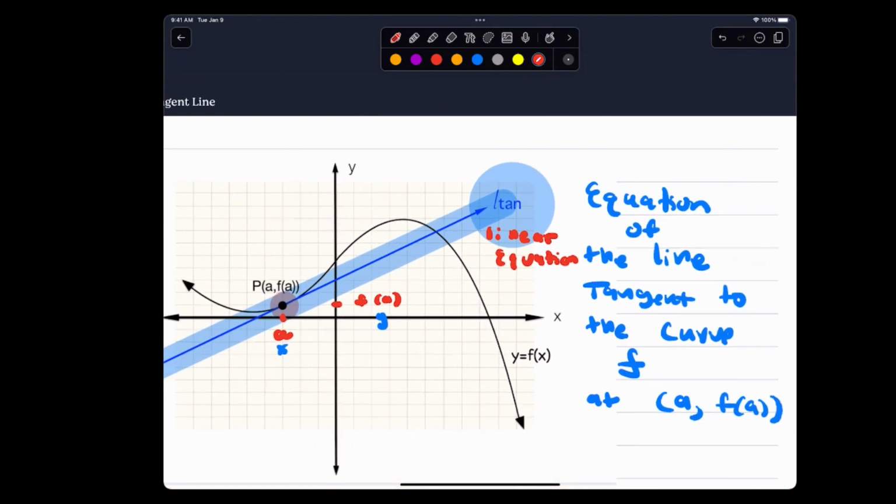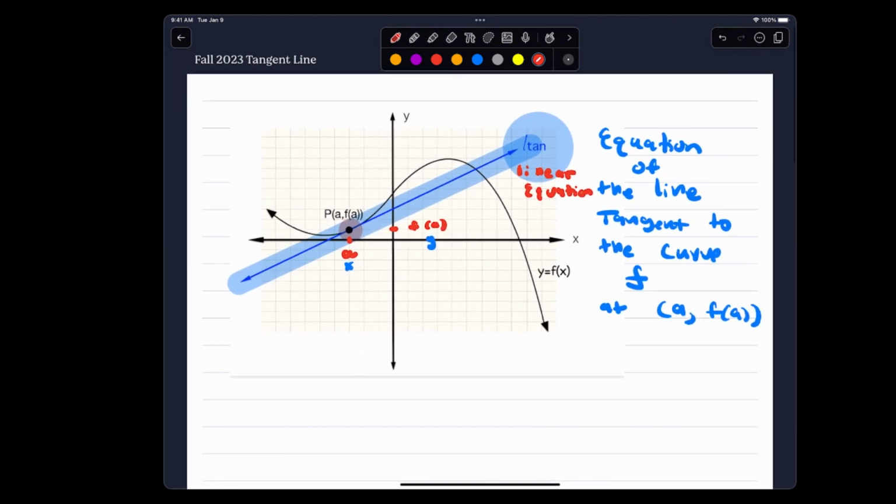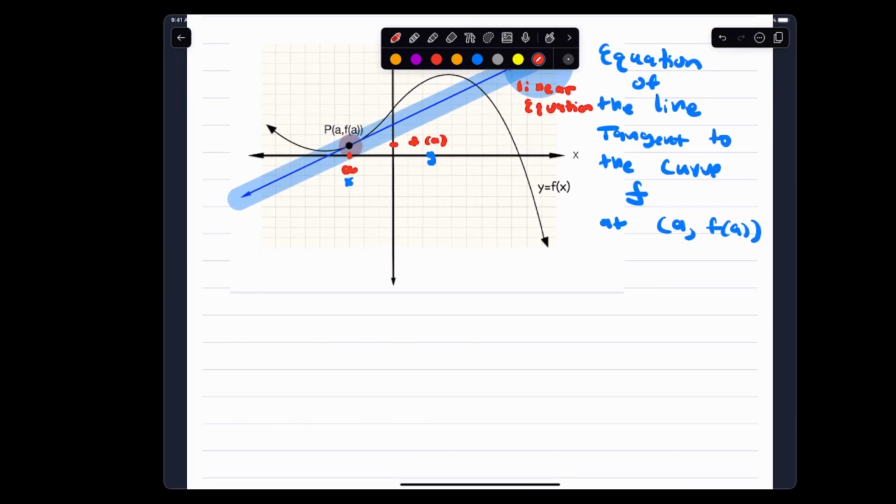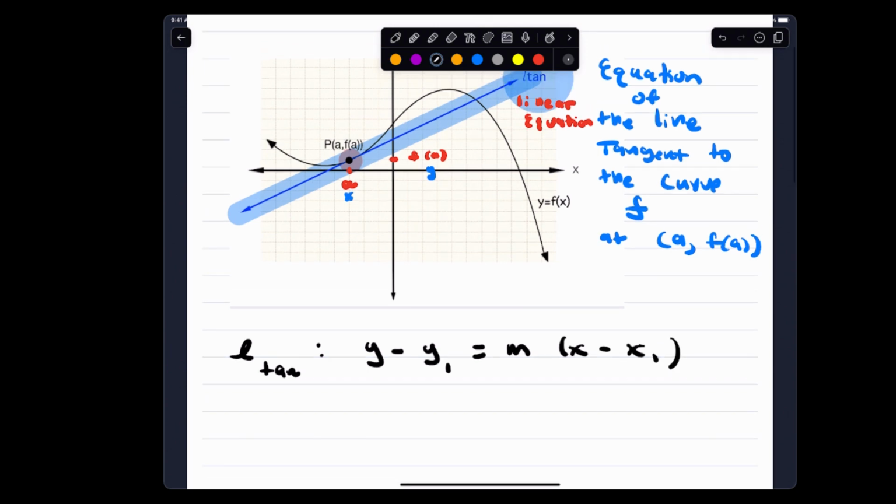Now, if you guys remember something about linear equations, go back to beginning algebra. I'm going to do it this way, L tangent: y minus y1 is m times x minus x1, okay?